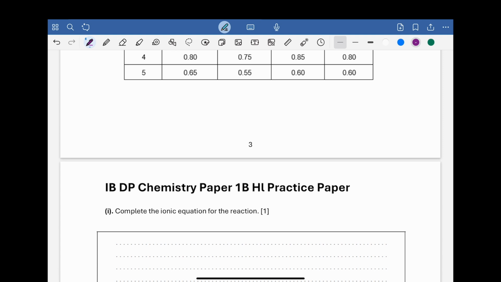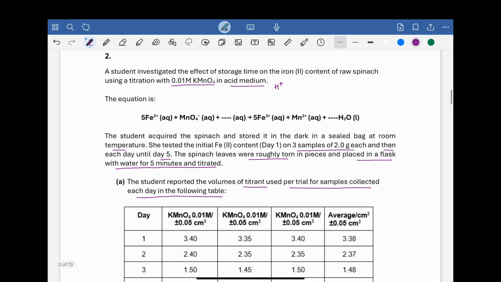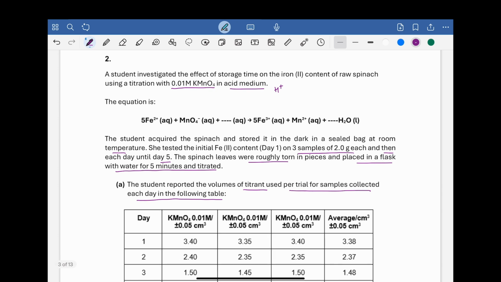1. Complete the ionic equation for the reaction. So let's go back. An incomplete ionic equation is given and we are asked to complete it. We have 5 Fe2 plus, and 5 iron on the product side. We have MnO4 minus, so 4 oxygen on the reactant side, but only 1 oxygen on the product side. We can balance that by adding 4 water molecules.